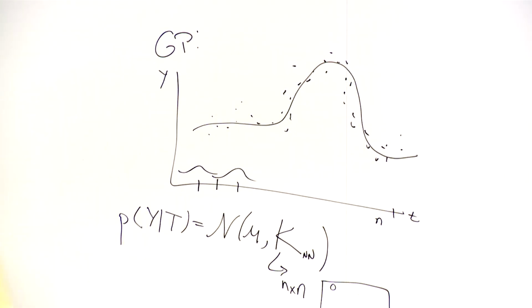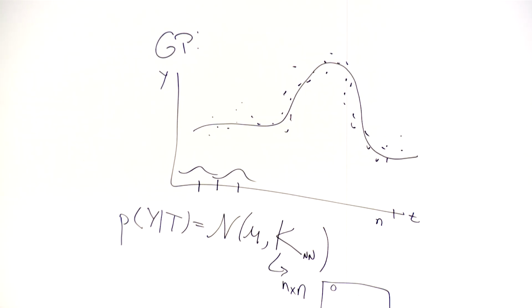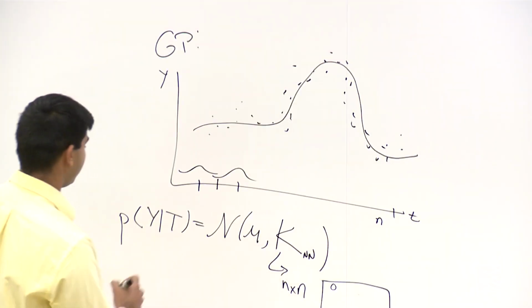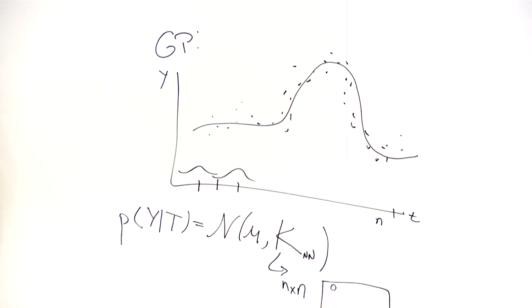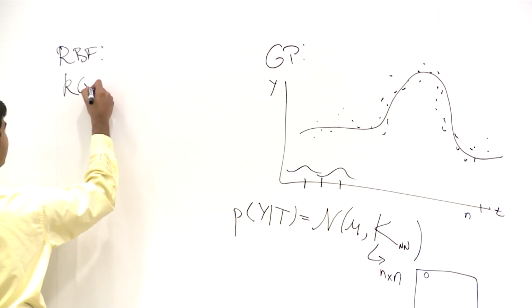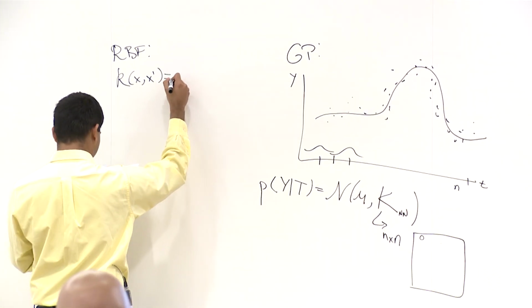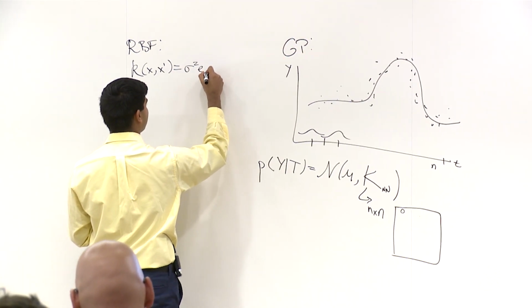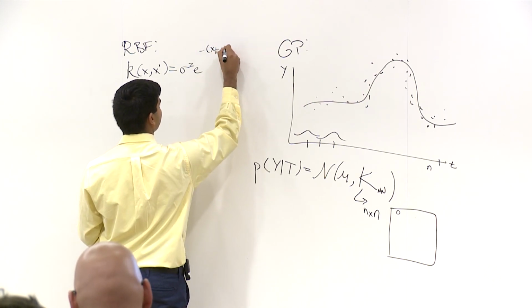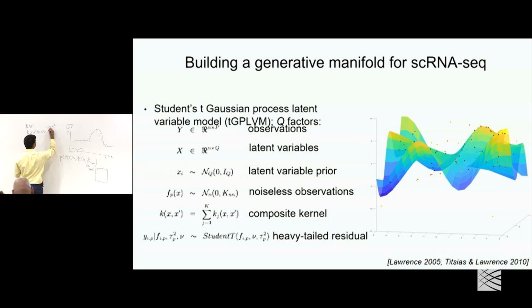The general kernel people use is an RBF kernel. So this is a supervised Gaussian process, really quickly and really dirtily.